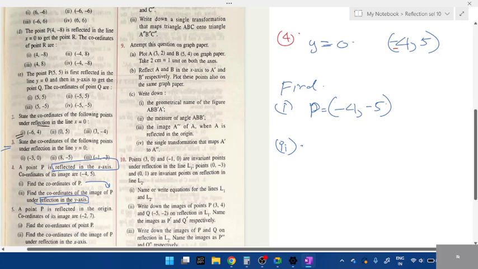Y-axis? If reflection is in y-axis, what you have to take x as? 0. If x is 0, which value will change? No, x sign will change. So what is the image formed? Take it as P dash minus 4, comma 5 will remain as it is.